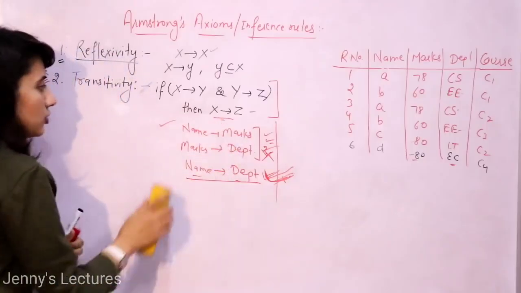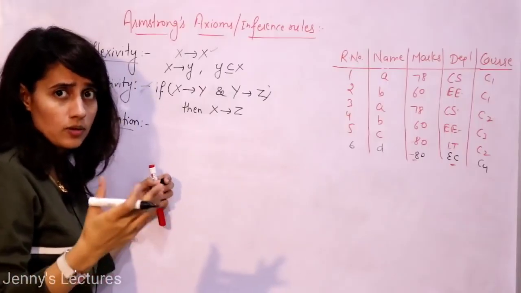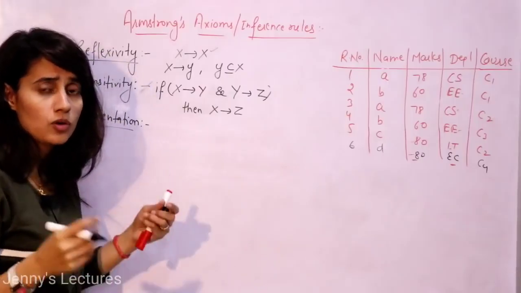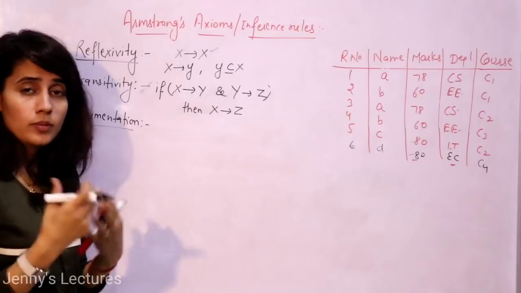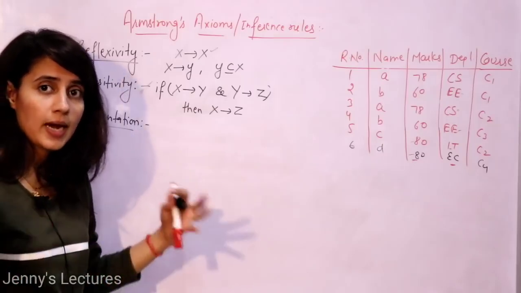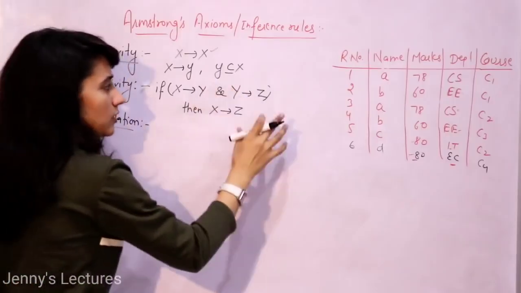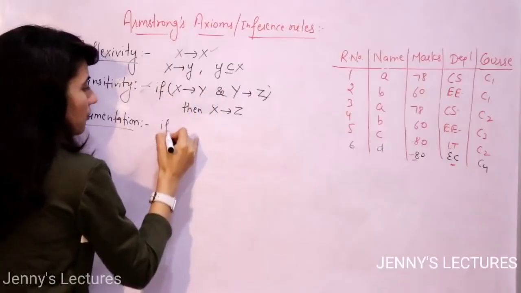Now next is augmentation. Augmentation in general English means what? Make something bigger or lengthier by adding something to it, right? Now what is this augmentation property in this case?